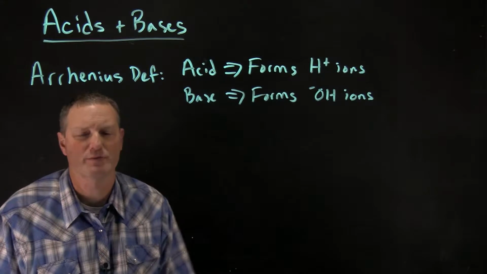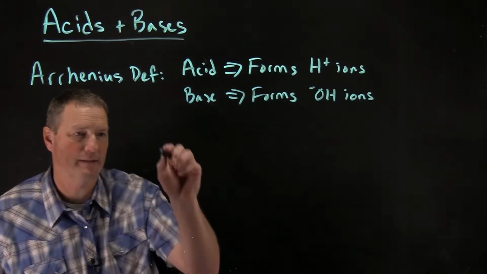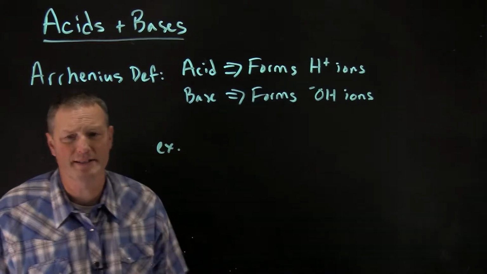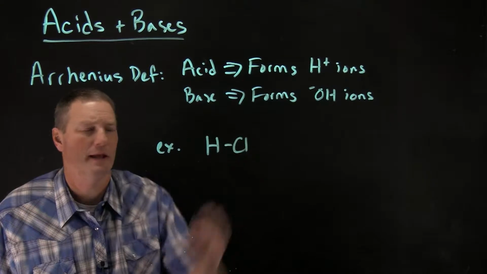Let's just talk about this one because it gets us started thinking about what an acid and base is. So an example using the Arrhenius definition would be something like HCl, hydrochloric acid.